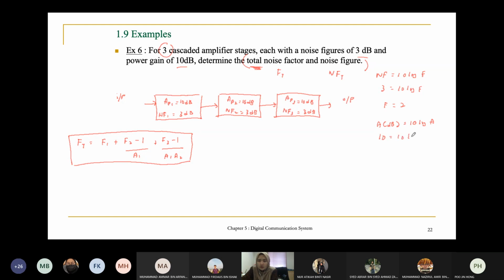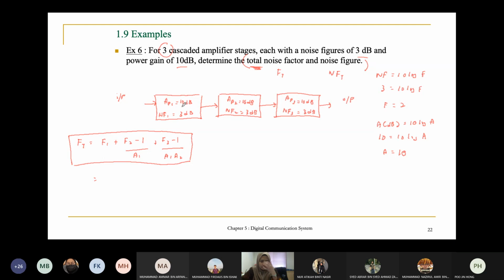This is 10 log A. So A is equals to 10. Betul. A equals to 10. Then only you can use the Friis formula. Okay, so now just put in the values.